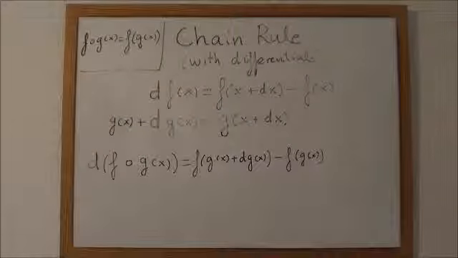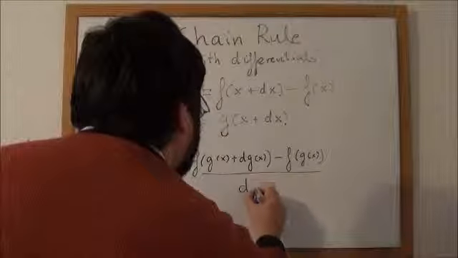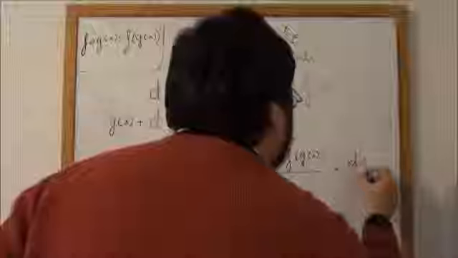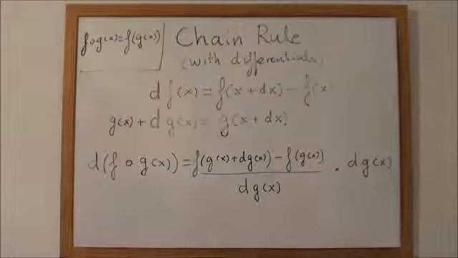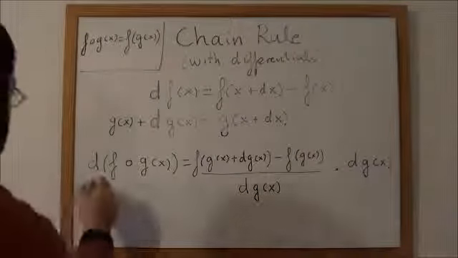Let's divide and multiply by the same amount. That is differential of g of x. Divide and multiply by differential of g of x. So nothing changes. And now let's divide on both sides of the equation by the same amount as well.